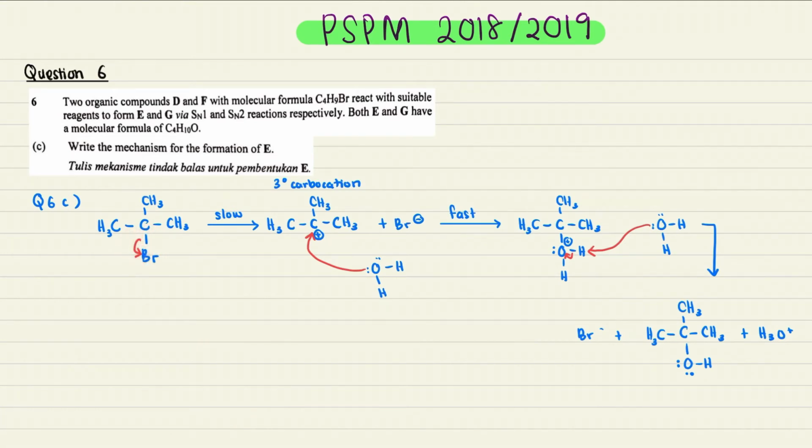Alright, so Br leaves, that means this carbon now becomes a carbocation. Whenever you see a carbocation, I always advise you to check the class of the carbocation, because that is how you know if there is a possibility of rearrangement. Rearrangement means the shifts. Remember, we have two types of shift: methyl shift or hydride shift. So, in this case it is already a tertiary carbocation, so no need to think about shifts, because it is already the most stable carbocation.